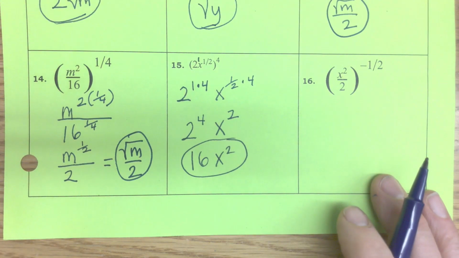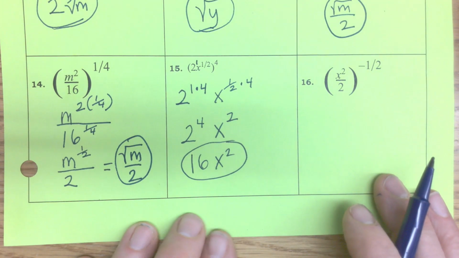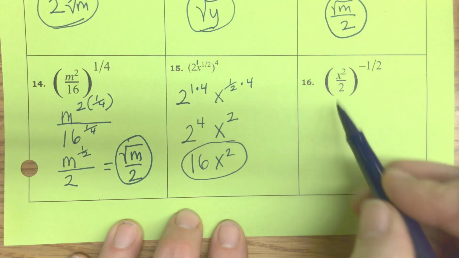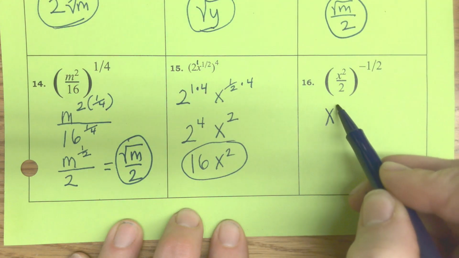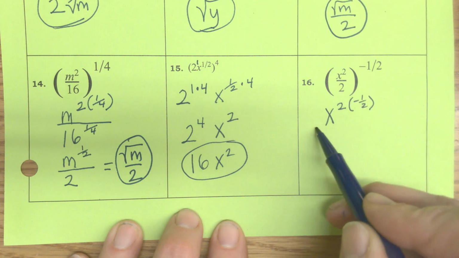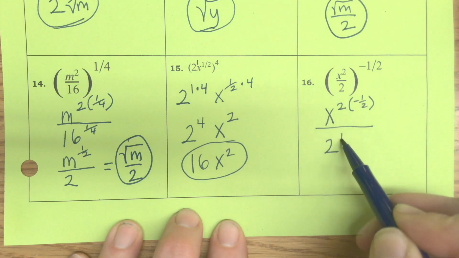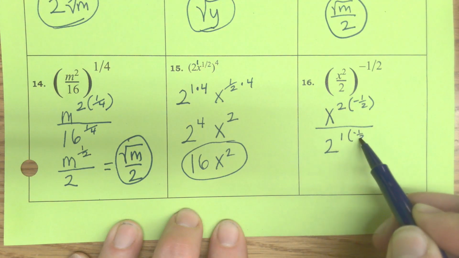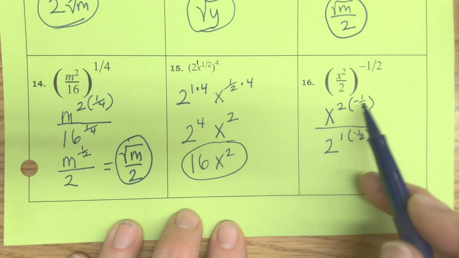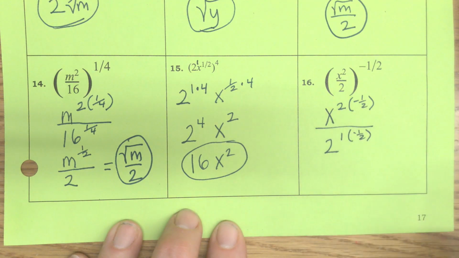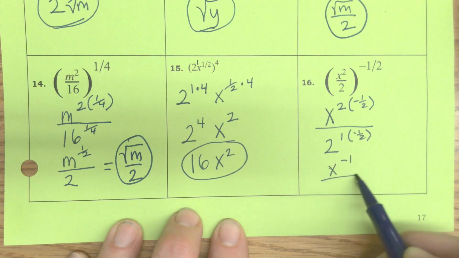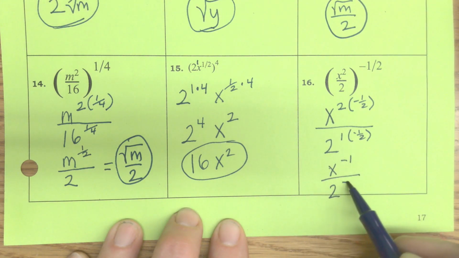So we have one more to add to our power rules that we're working on. Let's bring this negative power through. This is x to the 2 times negative 1/2 over 2 to the 1 times negative 1/2. So when I multiply 2 times negative 1/2, I get x to the negative 1st over 2 to the negative 1/2.